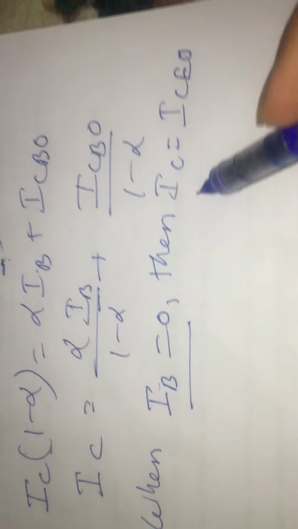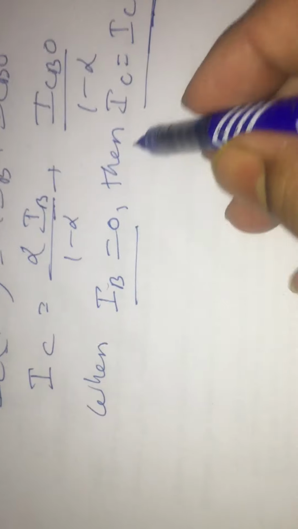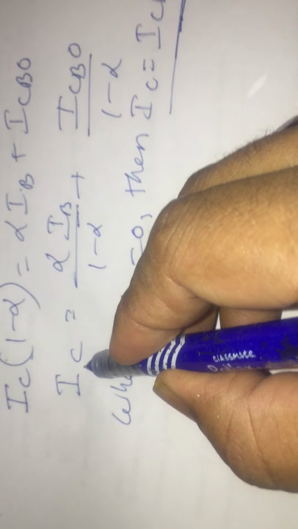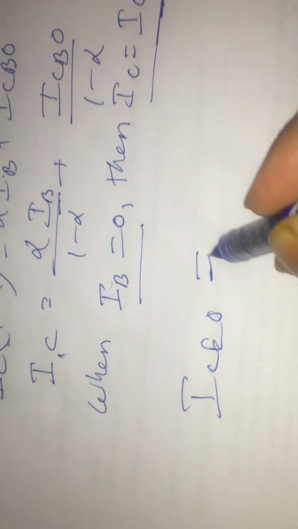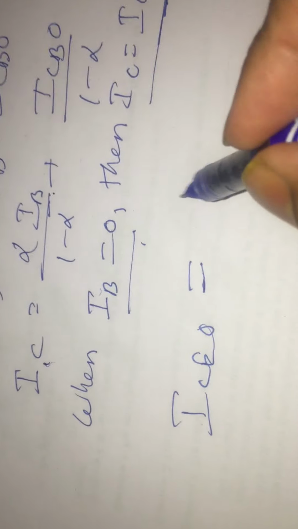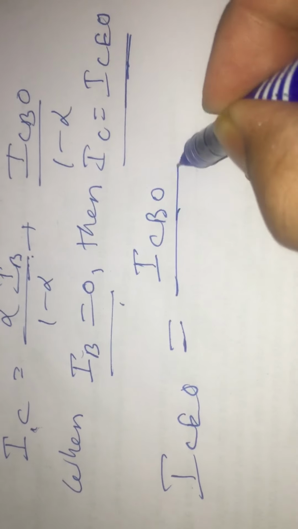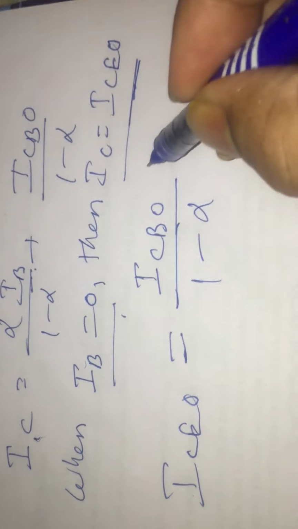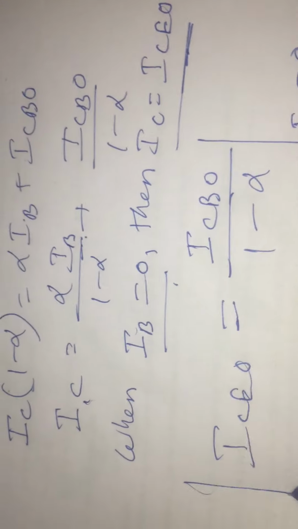So we put in this equation: when IB is 0, then IC is equal to ICEO. So ICEO equals, with IB being 0, ICBO times 1 divided by 1 minus alpha. This condition is satisfied when IB is 0, and that is the relationship: ICEO equals ICBO divided by 1 minus alpha.